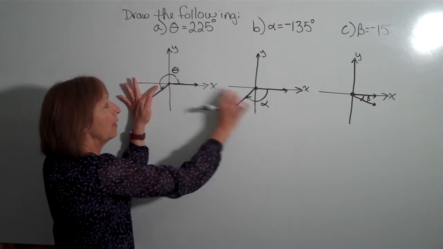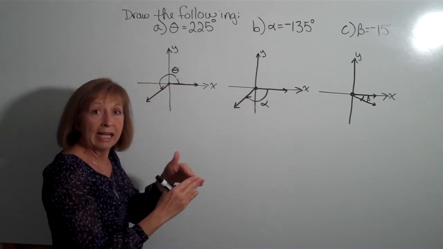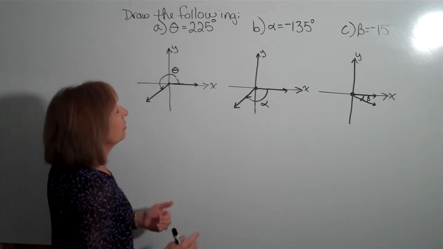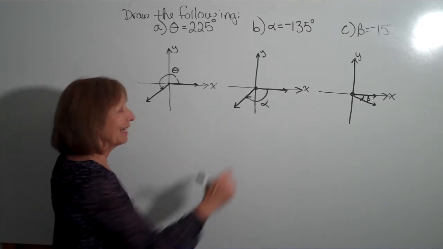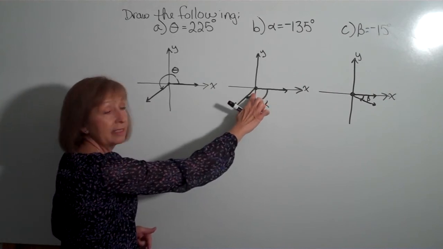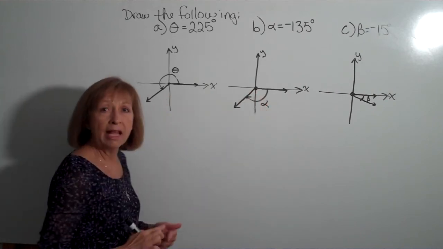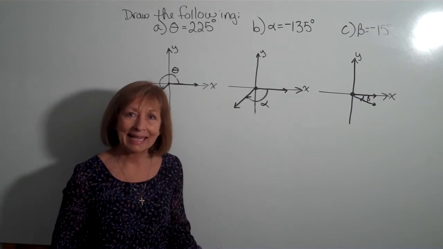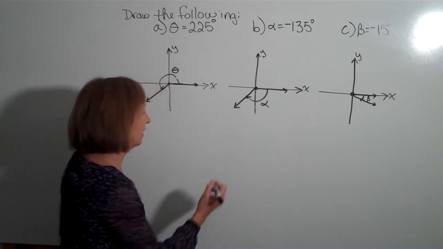If you think about that rotation, it totals up to 360 degrees. So if I superimpose this angle onto that one, their terminal sides would coincide. They would have exactly the same terminal side.